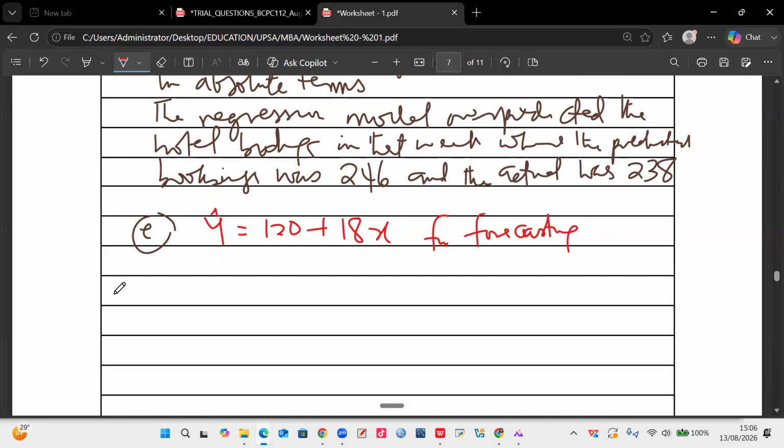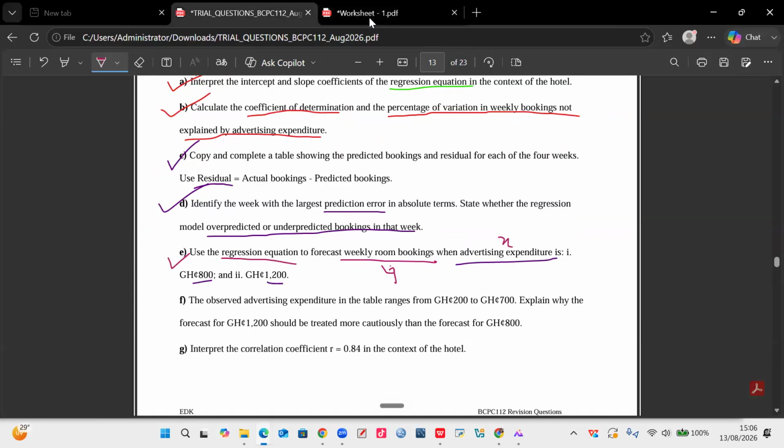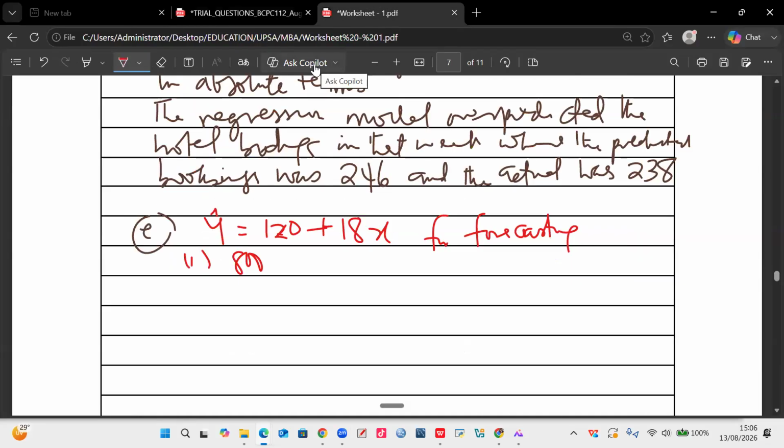So we go with this. It says when X is 800, so we forecast. We bring the Y estimate: 120 plus 18 times 800.